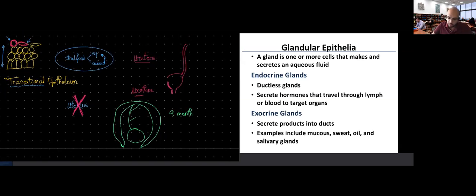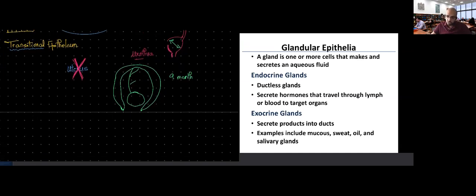Compared to the urinary bladder, how many times do I stretch the urinary bladder a day? 3, 4 times. So each time you stretch and recoil, stretch, recoil. So you need something that allows stretch and recoil. But here, I've got a lot of time to build up new cells lining the endometrium. I don't want to have cells that can stretch here.